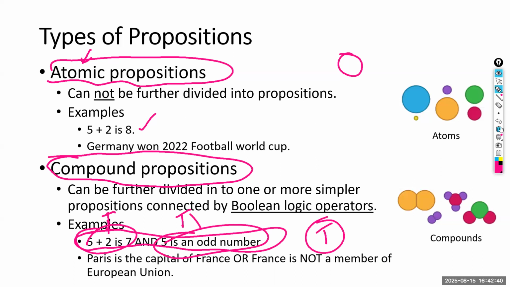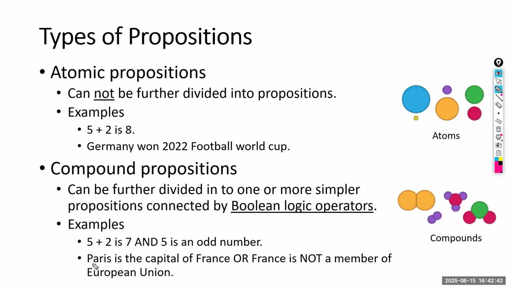Okay. Paris is the capital of France? Of course, yes. France is not a member of the European Union. Of course, false, because France is a European Union country. Then true or false is true. So therefore, this statement is true. If something is true, it's a proposition. If something is false, still it's a proposition.